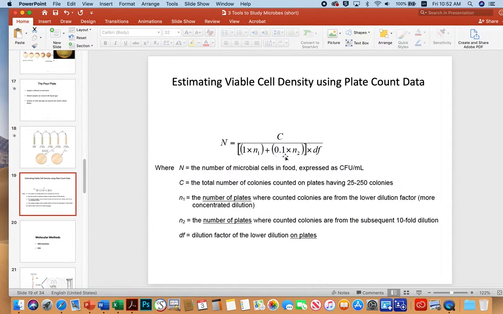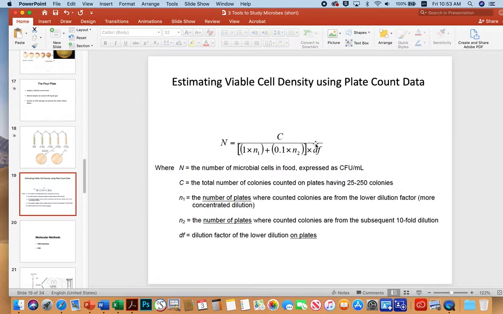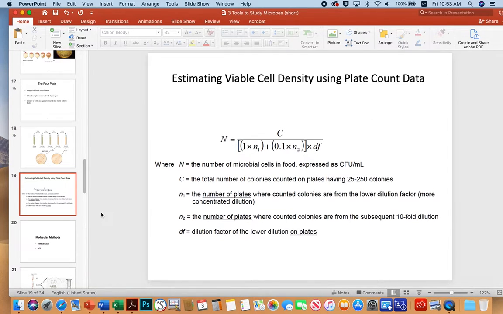So again, that would be 0.1 times 1 times the dilution factor. And the dilution factor is of the lower dilution of your plate series. So again, that's this from this plate series. So my dilution factor would be 10 to the minus 3. So I would pop 10 to the minus 3 in here. And then you can just do the simple algebra to figure out the CFU per ml on that particular problem.